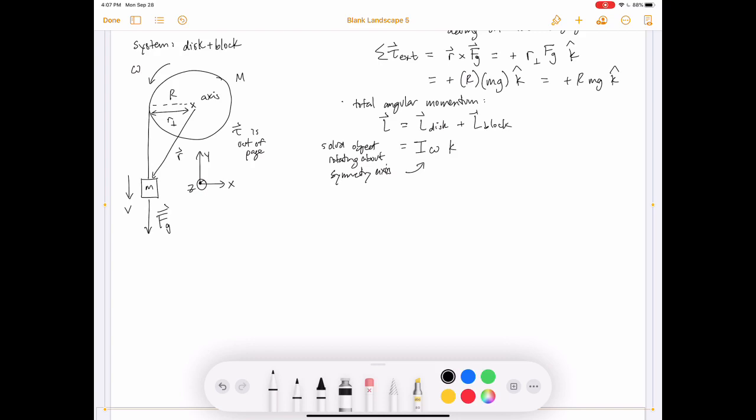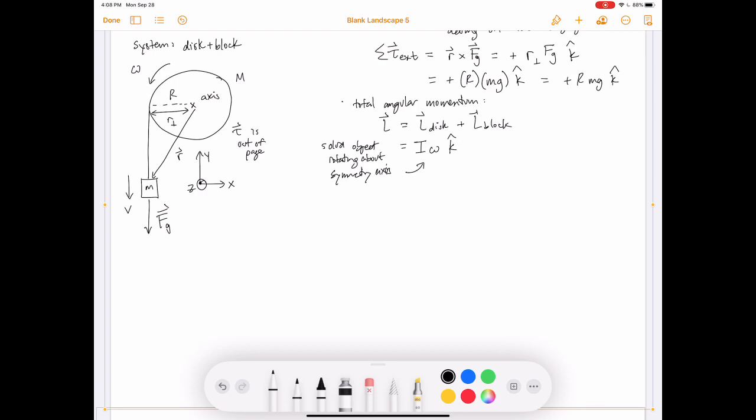Also, we'll note that it's in the z direction, in the positive z direction. If you curl your fingers in the direction that the disk is rotating, which would be counterclockwise, your thumb should be pointing out of the page. That's the right-hand rule telling us that this is in the positive z direction.